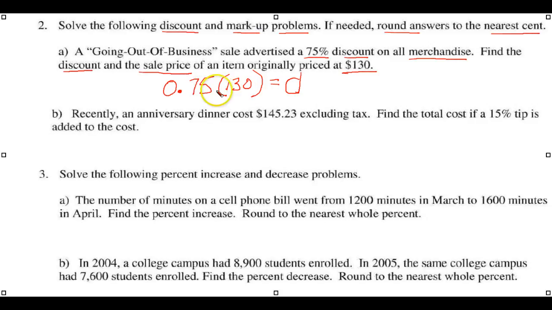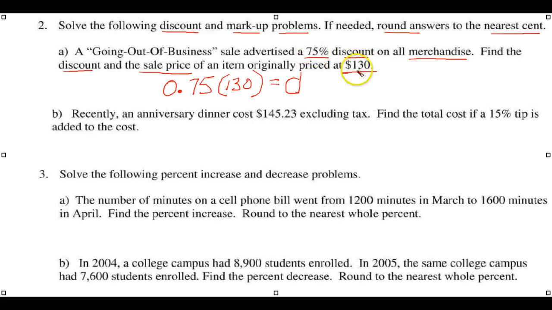Now, once you did this multiplication, you could subtract it from the 130, or if you wanted to figure out what the sales price was, you can just say you're paying 25% of this since you're getting a 75% discount.